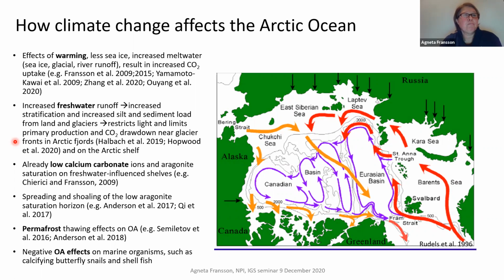We already observed low calcium carbonate ions and aragonite saturation on freshwater influenced shelves, as you heard about, and spreading and shoaling of these low aragonite saturation horizons has also been observed in the Arctic due to more river runoff with organic matter, more CO2, and also thawing of permafrost that has effects on the CO2 release and ocean acidification.